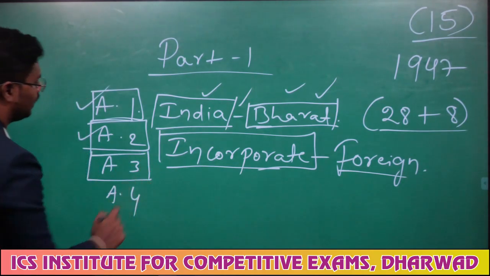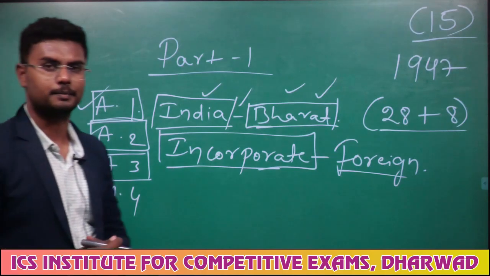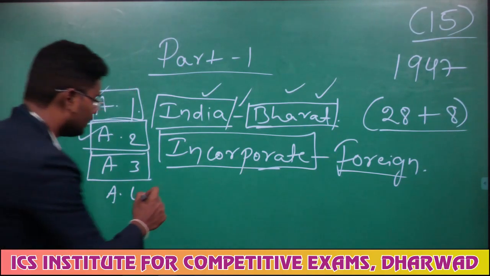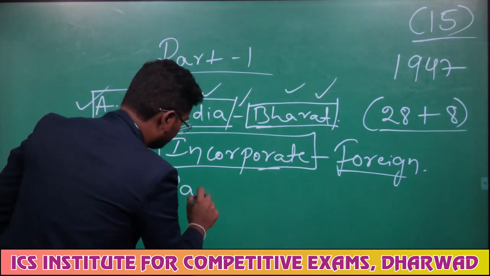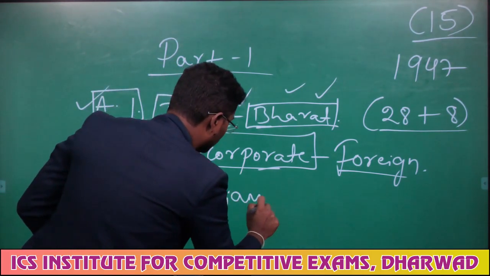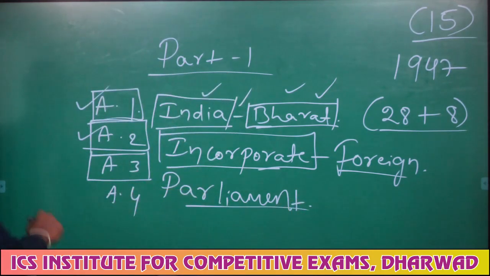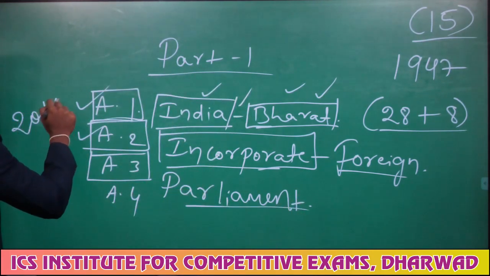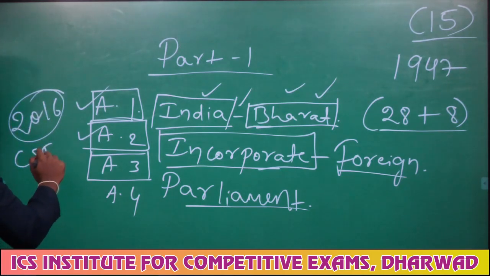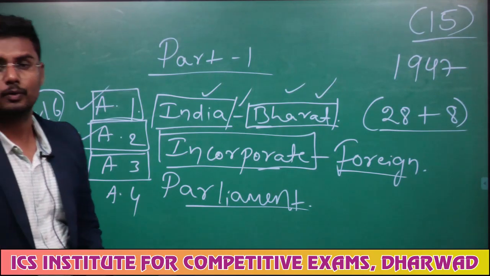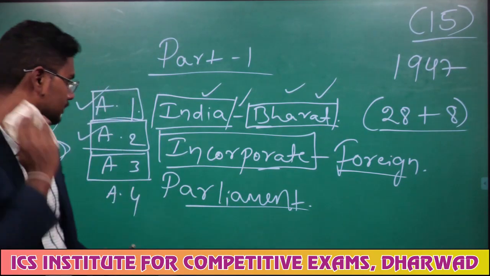What about Article 3 of the Indian Constitution? Dear friends, Article 3 provides power to whom? Parliament of India. What kind of powers? This is important. This had been a direct question in the year 2016 in UPSC Civil Services Preliminary Examination. Article 3 deals with the power of who? Is it Parliament? Is it the President?